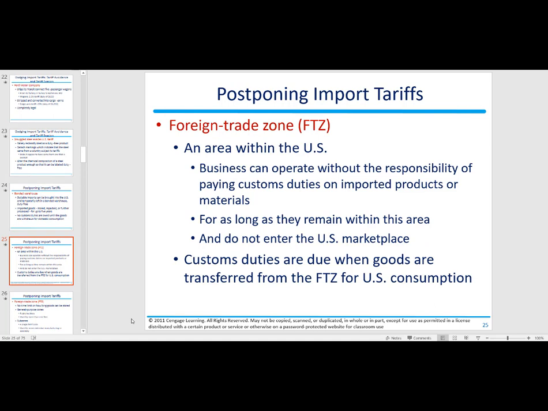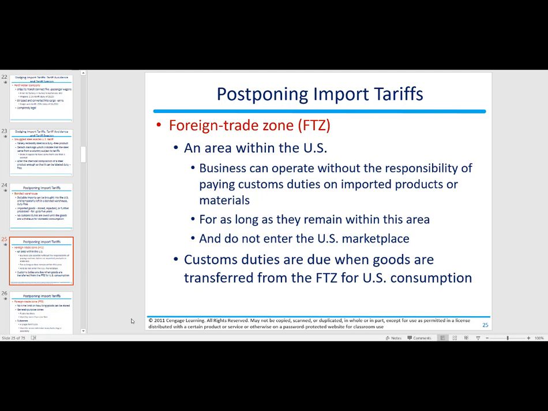Another curious facility is the foreign trade zones. So these are areas within the US where the business can operate without paying duties up to the point that the good is sold to the US market. And these foreign trade zones, FTZs, they exist pretty much all over the US.